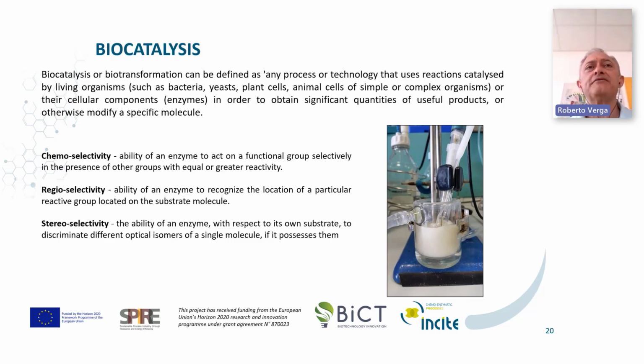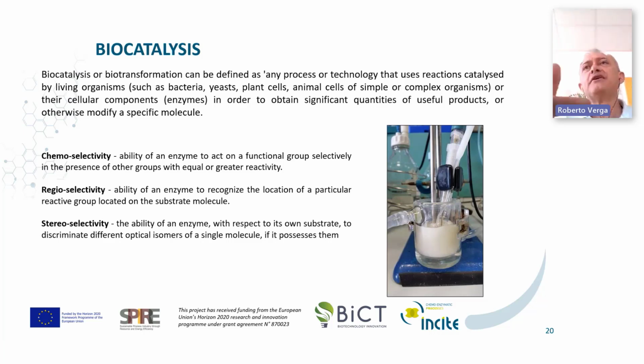Also, the regioselectivity. Imagine a molecule with two esters. The enzymes, if they possess this selectivity, can recognize only one of the esters, ignoring the other. And the best is the stereoselectivity, where the enzyme can recognize in the racemic mixture only one enantiomer.